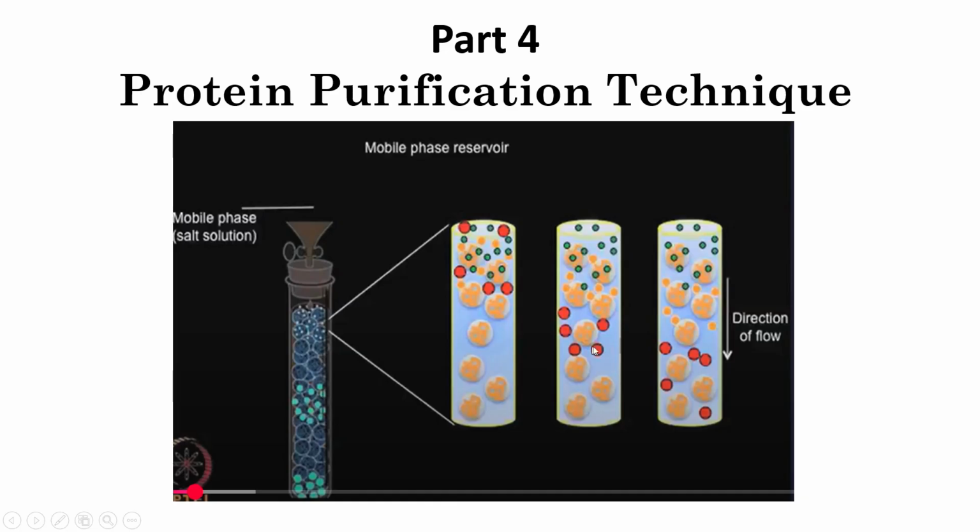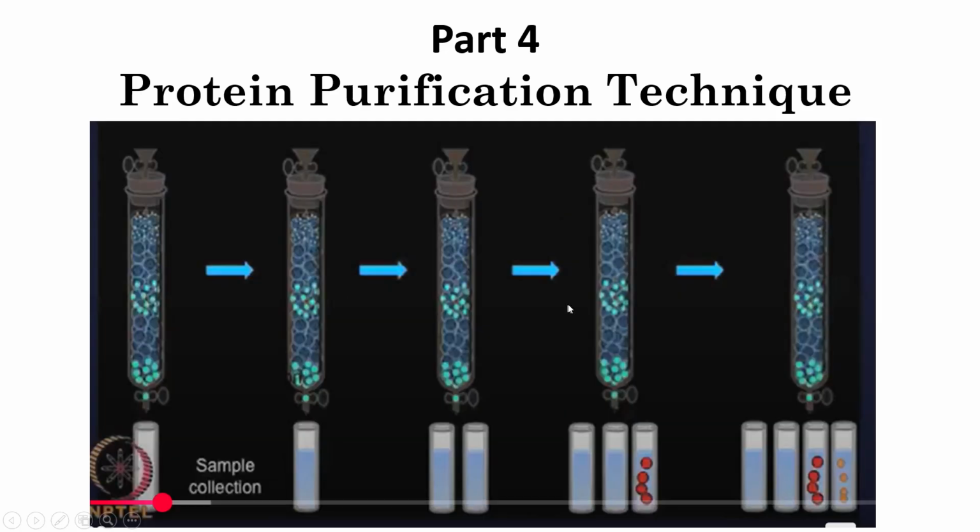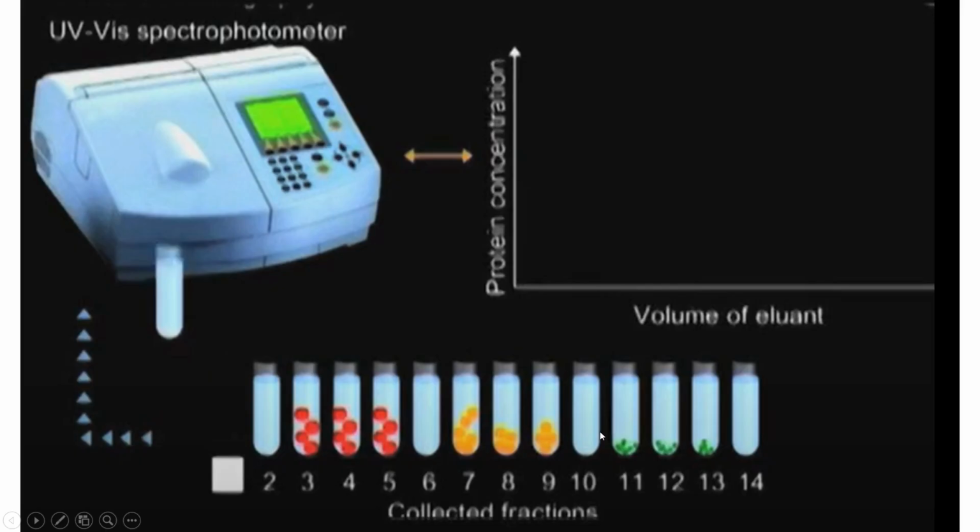The larger protein molecules will not enter into the beads, and that's the reason they will get eluted out faster. Whereas there is a longer path for smaller proteins, which will enter the beads, and accordingly slowly they will come out. So they elute out later. So initially you will get larger proteins in the initial fractions and smaller proteins in the later fractions.